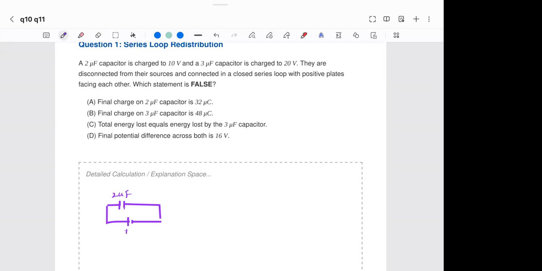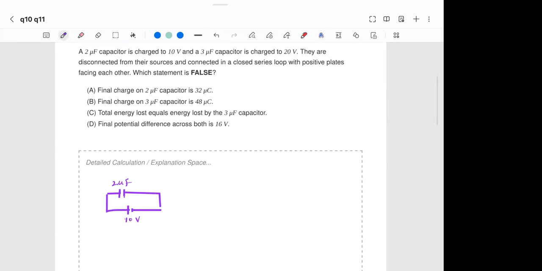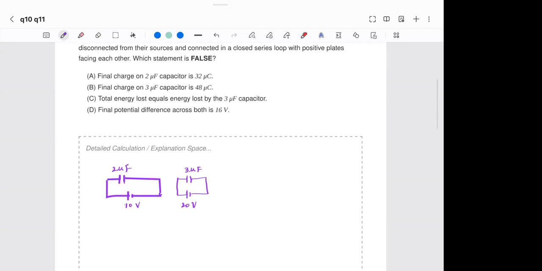It is charged to 10 volts. And another one, a 3 microfarad capacitor, charged to 20 volts. After charging, they are disconnected from their sources.